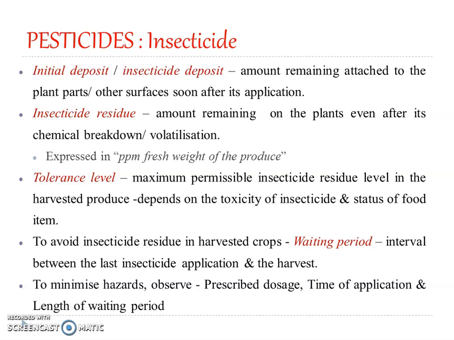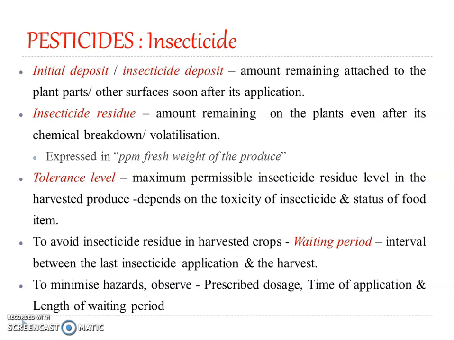Okay, the amount of insecticide progressively decreases due to chemical breakdown, volatilization and other such breakdown processes. So the amount which still remains on the crop at crop maturity is referred to as the insecticide residue.